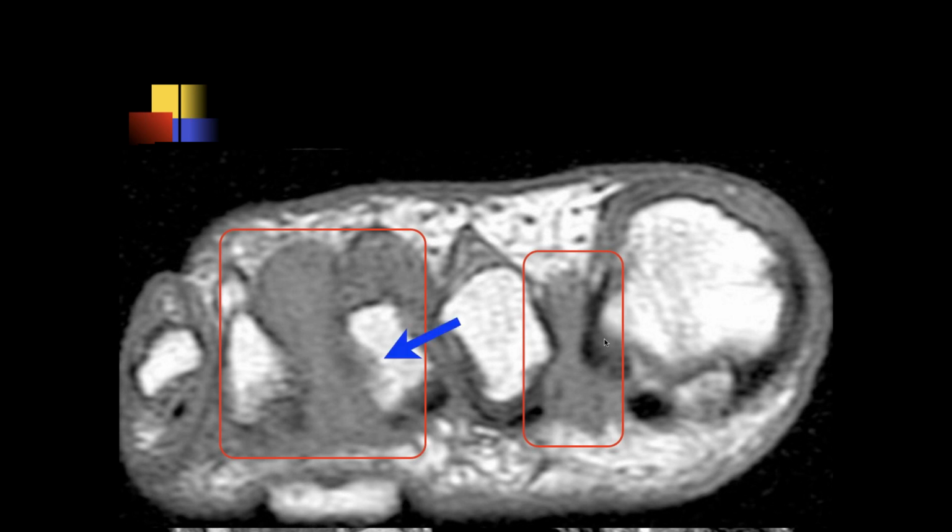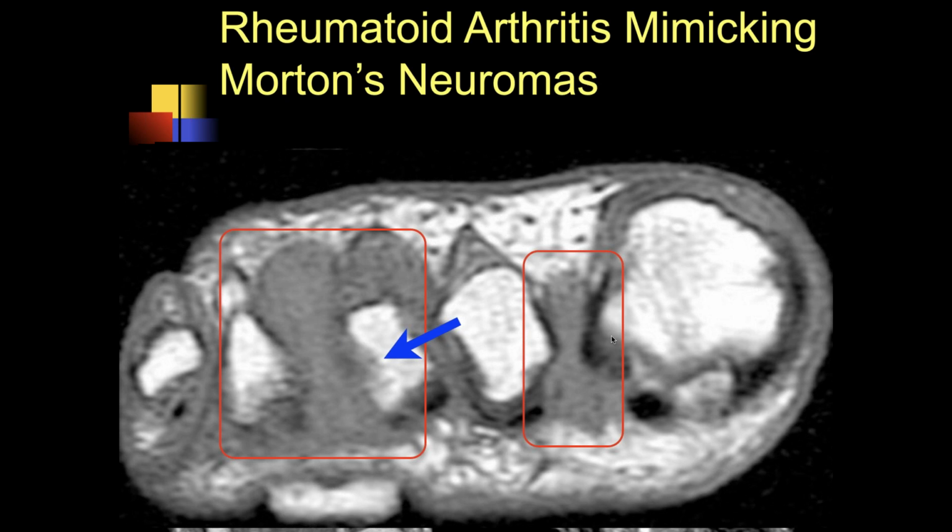There's a little bit of erosion, actually, of that third metatarsal. This might be a mimic. Oh, yeah, so this is the rheumatoid nodule. These are all rheumatoid nodules. And really, it's synovial thickening within the bursa between the metatarsal heads, but it mimics Morton's neuromas.